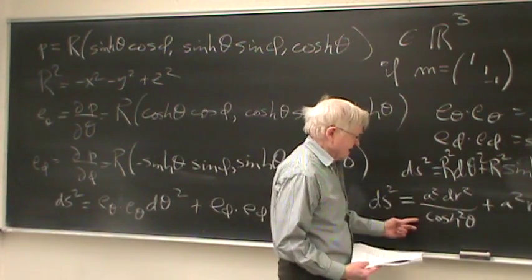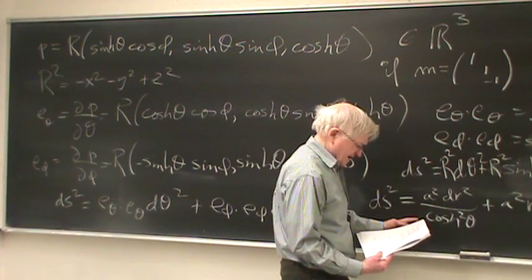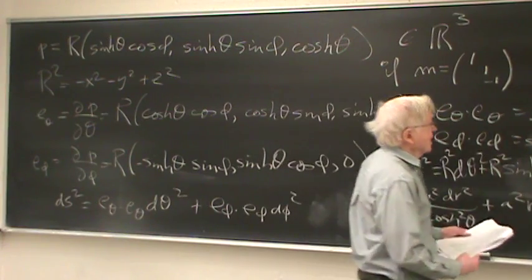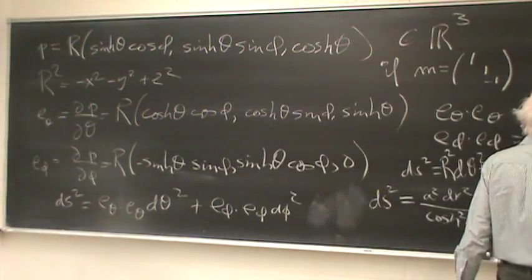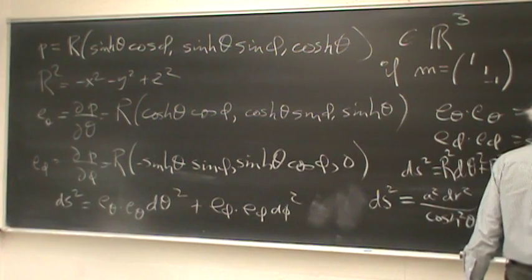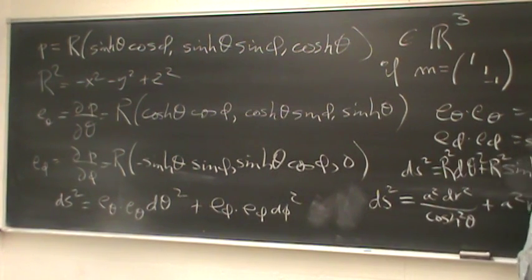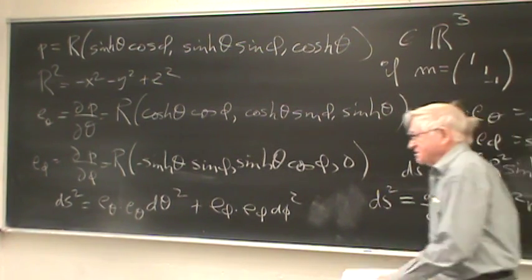But anyway, this is what one gets. And now cosh squared of theta minus sinh squared of theta is equal to 1. So this can be rewritten in terms of sinh squared. And when you do that, what you get is A squared times dr squared over 1 plus k r squared plus r squared d phi squared.